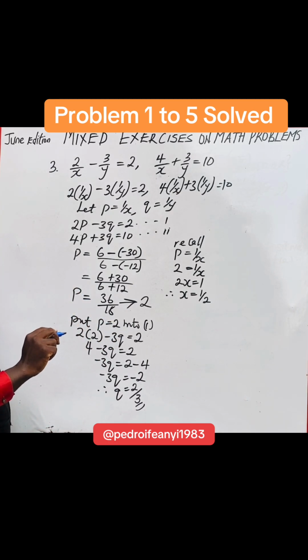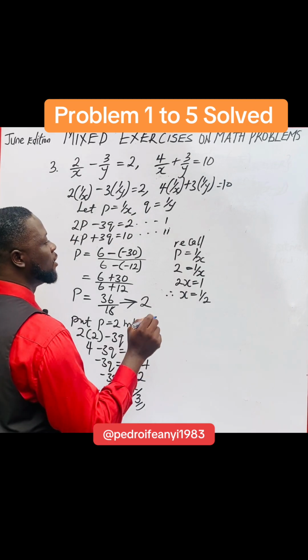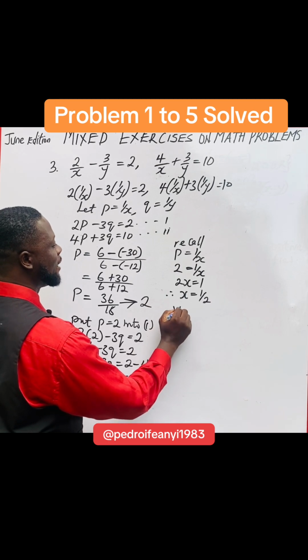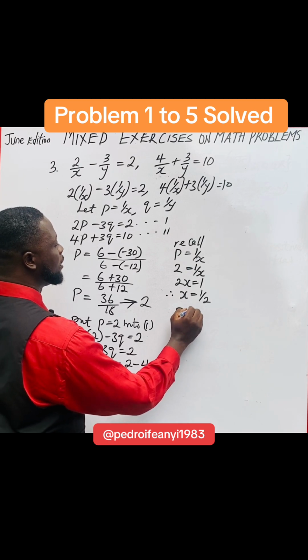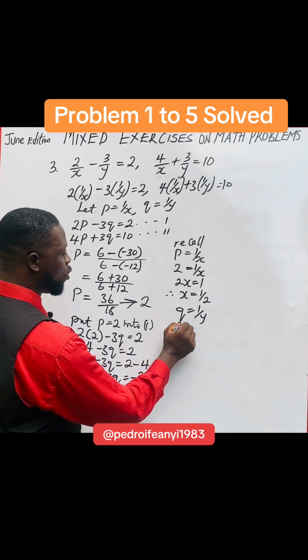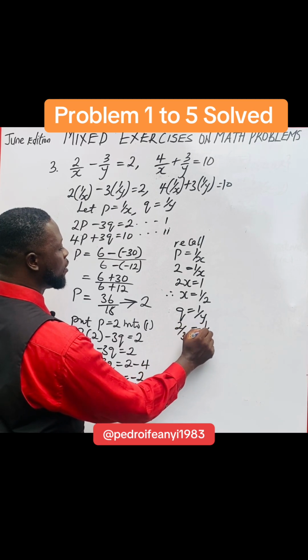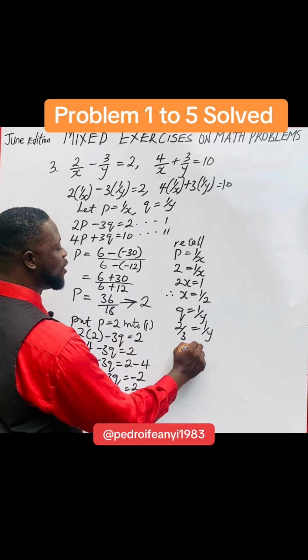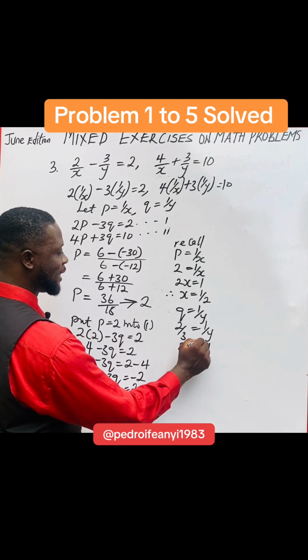So we want to get the value of y. Recall that q is equal to 1 over y. So q is 2 over 3, so you say 2 over 3 equal to 1 over y. Cross multiply, you have 2y equal to 3 times 1.